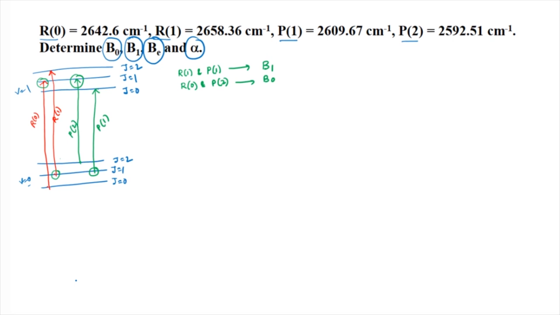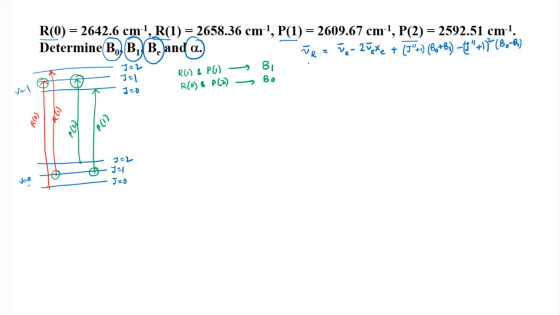So, let us write the general expressions, that is nu bar R equals nu bar E minus 2 nu bar E chi E plus J double prime plus 1 times B 0 plus B 1 minus J double prime plus 1 squared times B 0 minus B 1.